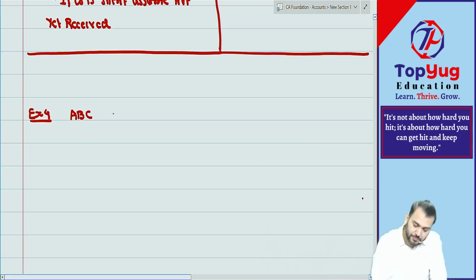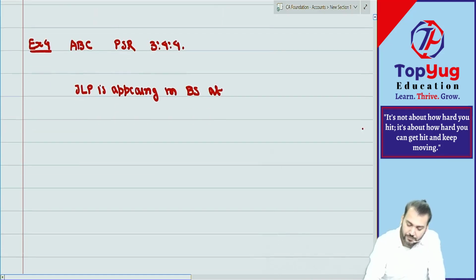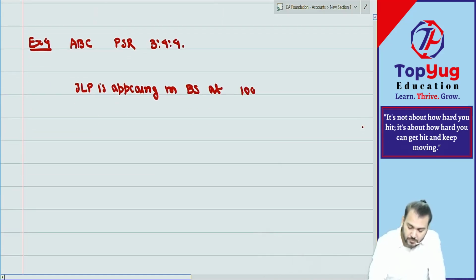A, B, C, profit sharing ratio 3:4:4. JLP is appearing in the balance sheet at 1 lakh. Surrender value 2 lakh.